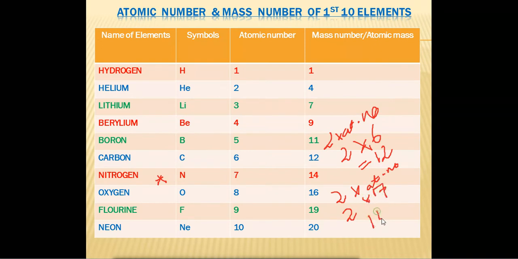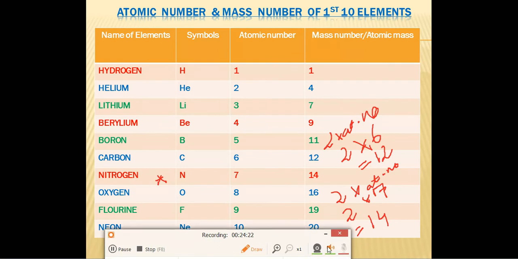For nitrogen we should use the formula for odd atomic number, but as nitrogen is the exceptional case, we'll use the formula we use for even atomic numbers. Means you have to just double that 7, or multiply it with 2. You'll get 14.